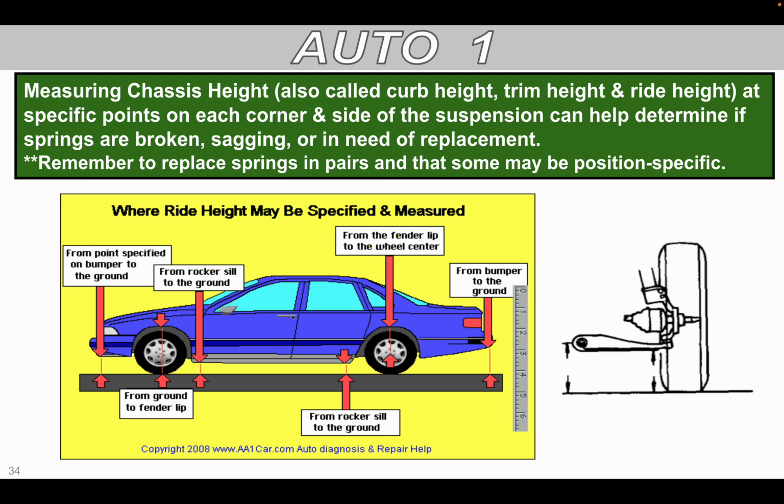There's a couple of reasons why we would want to do that. First off, if we put a brand new part on the driver's side but don't do it on the passenger side, the driver's side part is actually going to wear out faster, because all of a sudden it's doing more work because the passenger side is lacking.